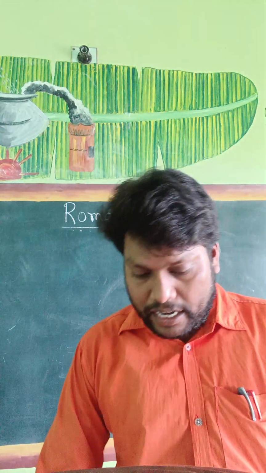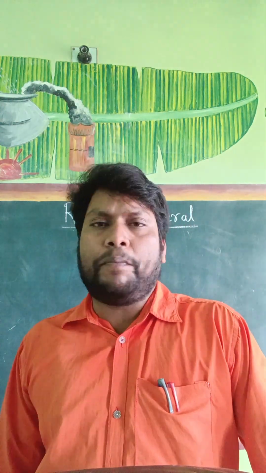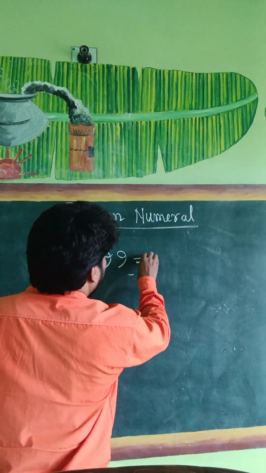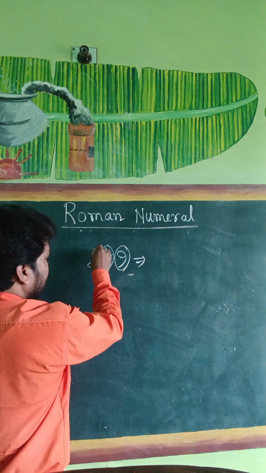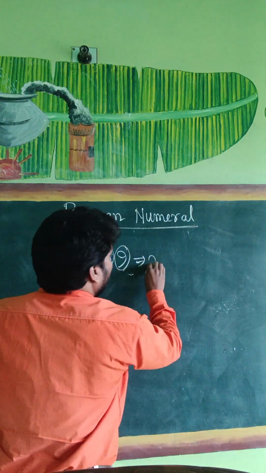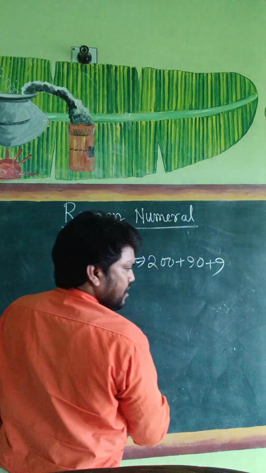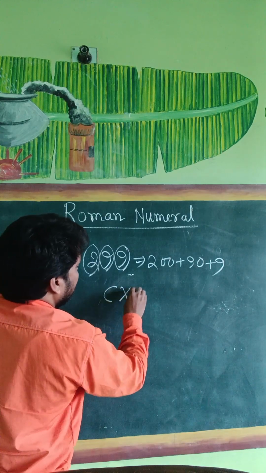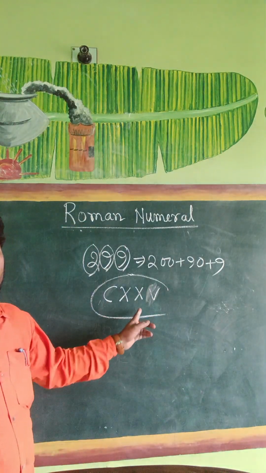Listen to me, Roman numerals have no place value. Suppose 299: 9 ones, 9 tens, 200. So how do we explain 200 plus 90 plus 9? But in Roman numerals, suppose 125, C, X, V, it has no place value.